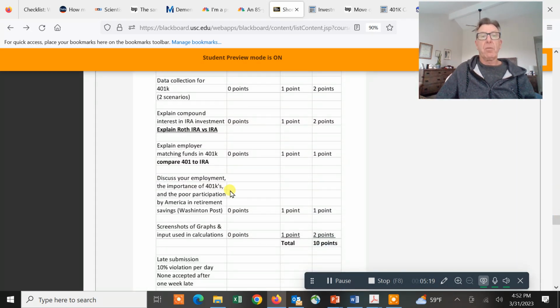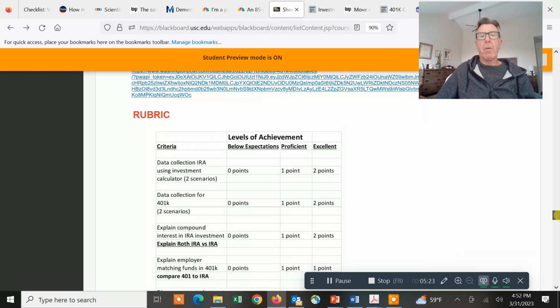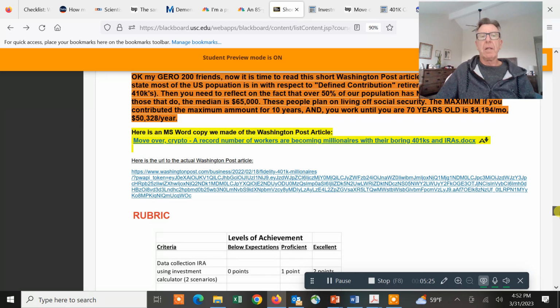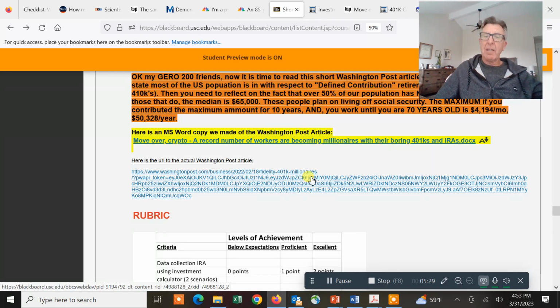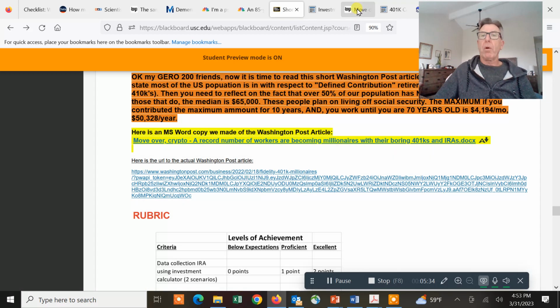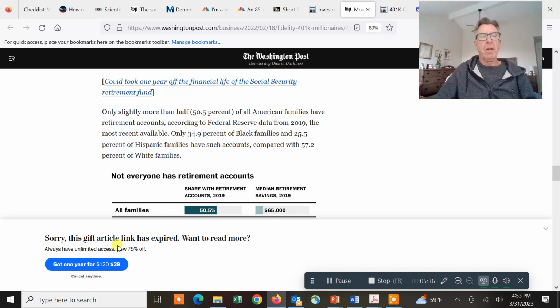And that's this part right here, where you're going to compare your outcome to these people that are not doing very well, okay? This is the article right here. I also have it in the slide deck, and you can access it through the Washington Post. There's a paywall, but they have a certain amount of free accounts.